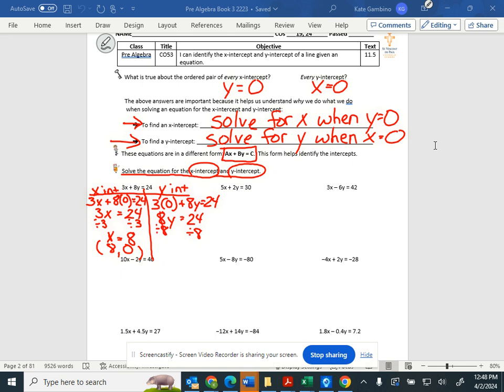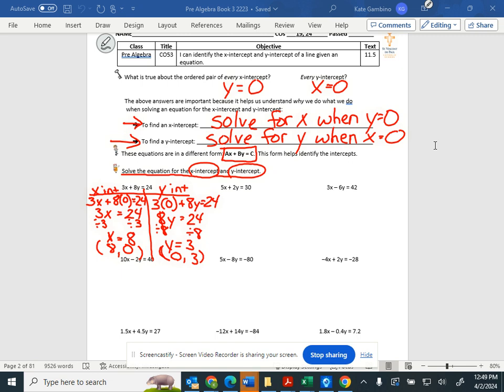So 8 divided by 8 gives me my y. 24 divided by 8 gives me 3. So what is my y-intercept, Jude? 0, 3. Because my x is 0. It's very important that we remember where that 0 goes.